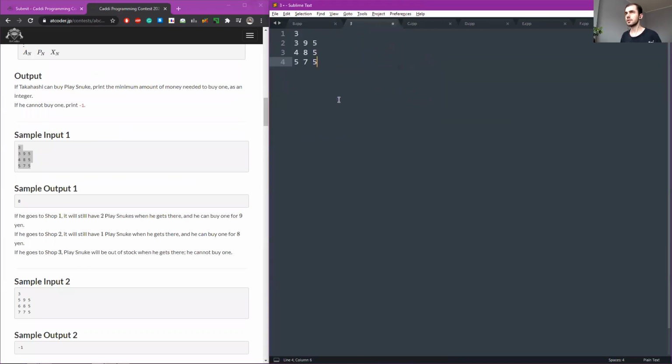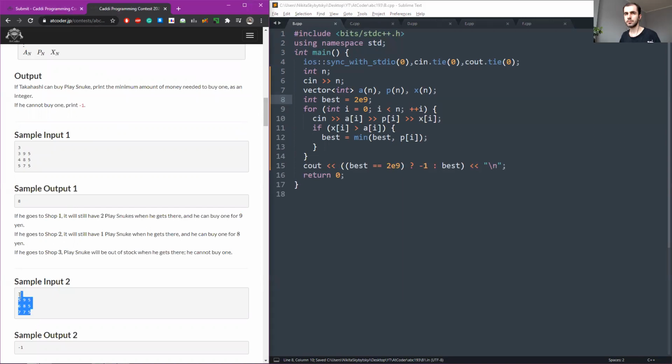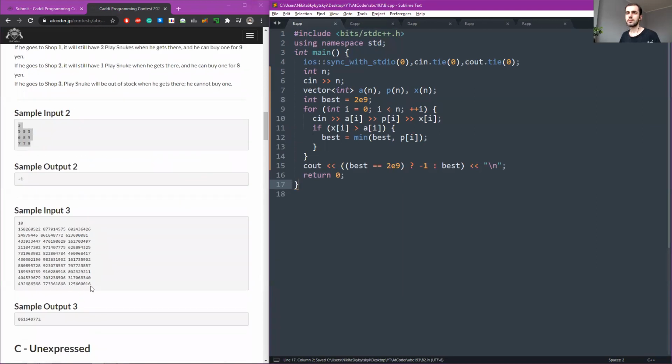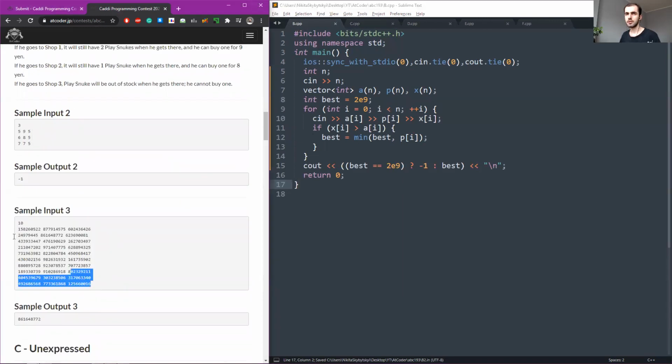Here we have a bit longer input, so I will copy and paste it instead of inputting by hand. Yeah, okay.